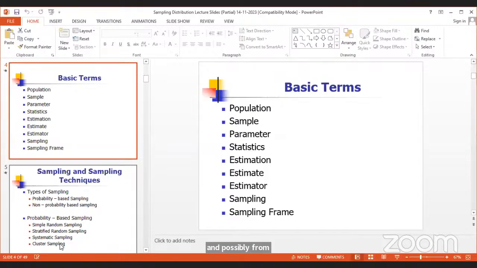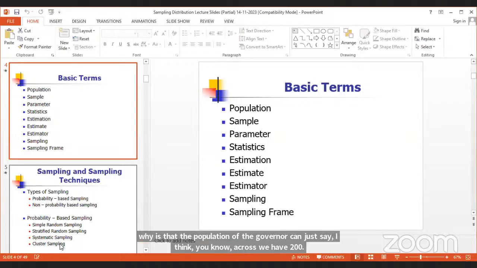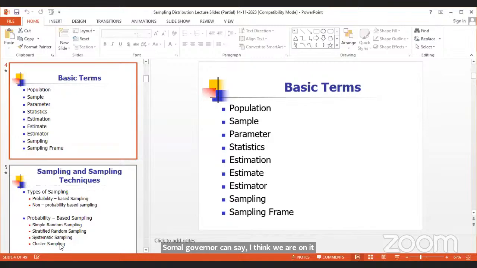That's the population. But if I now ask about the population size, I can ask the governor, what is the size of the population? The governor can just say, I think in our class we are about 200. Some other governor can say, I think we are 180. So altogether, if I added, I will now have the population size, right?